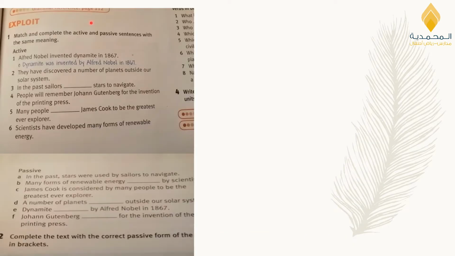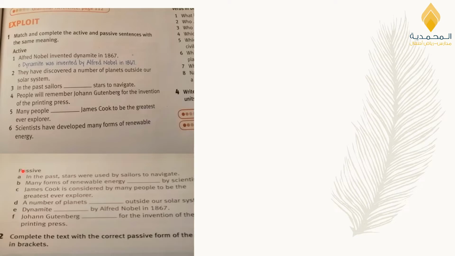Now, let's go to student book page 89 and start Exploit. Match and complete the active and passive sentences with the same meaning. So here you have from 1 to 6, these are in the active form. From A to F are in the passive form.